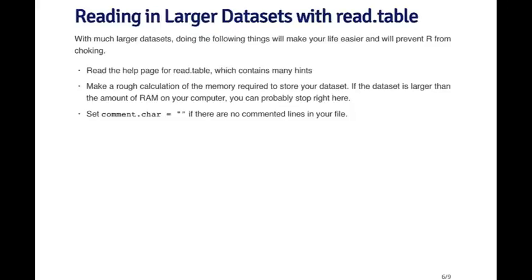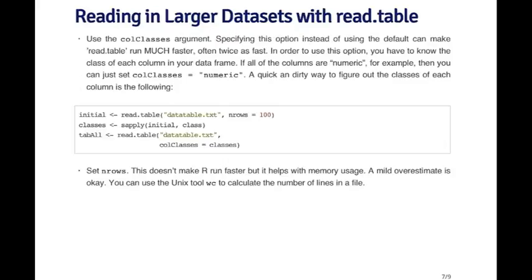Another easy optimization is, if there are no comment lines in your file, just set the comment.char argument to be blank, just an empty quote there. The colClasses argument is actually very important, because if you don't specify it, R by default goes through every column of your data set and tries to figure out what type of data it is.